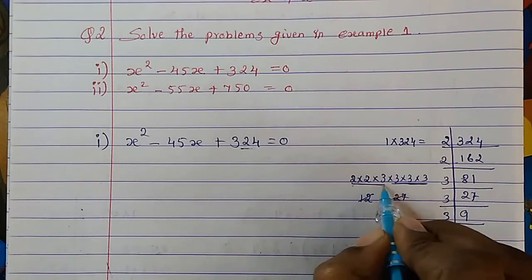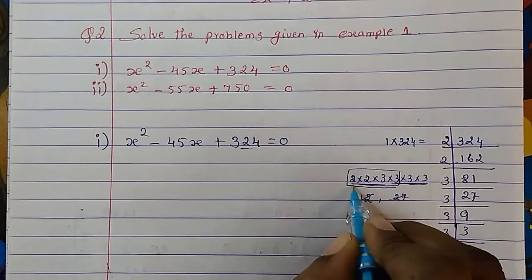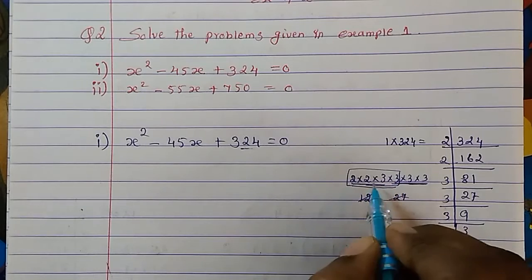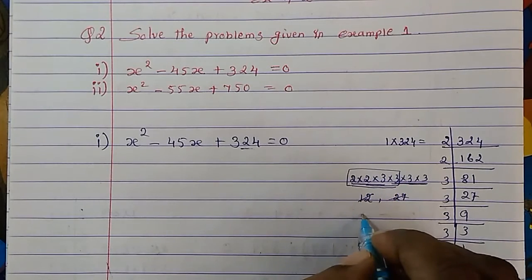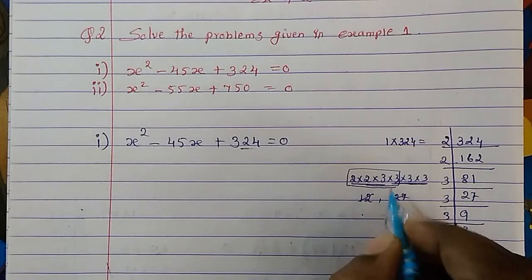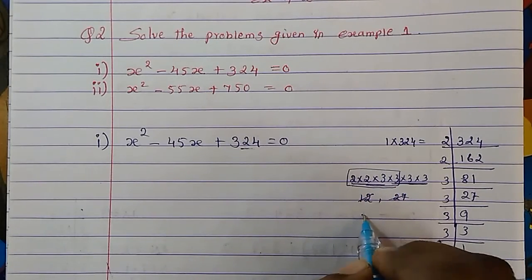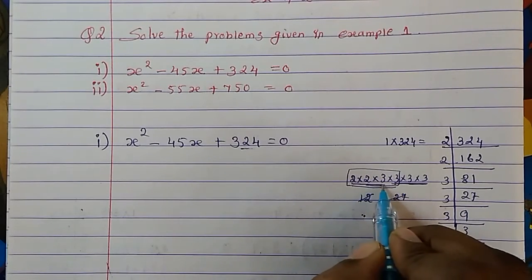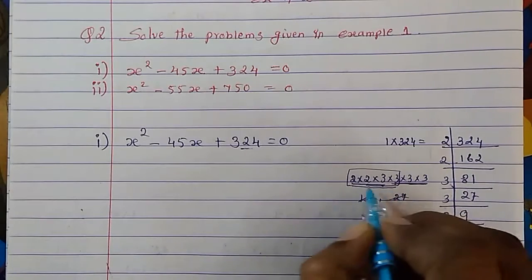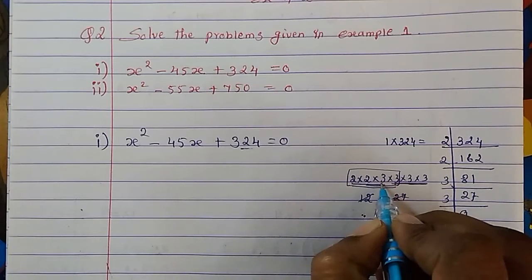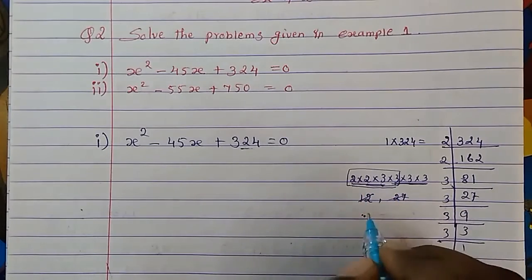Then we'll take maybe one more and add here. So 2 2s are 4, 4 3s are 12, 12 3s are 36. Or 3 3s are 9, 9 2s are 18, 18 2s are 36.